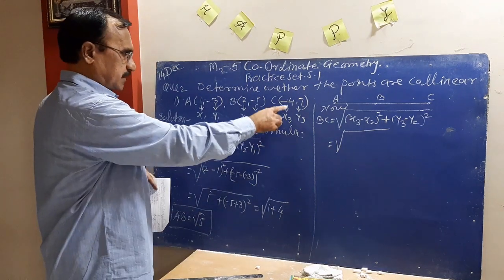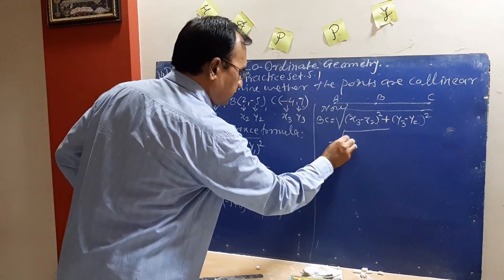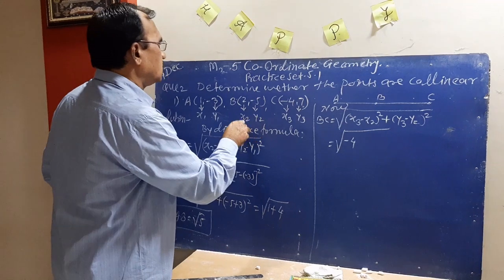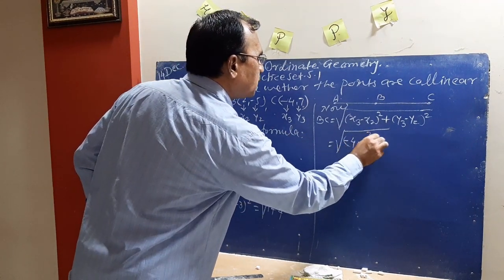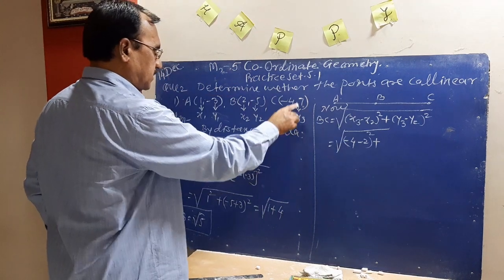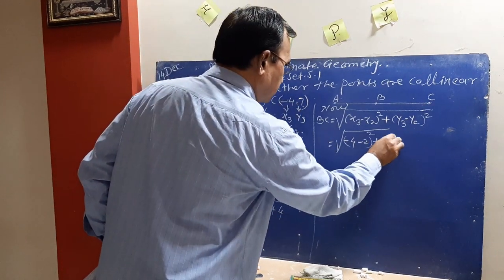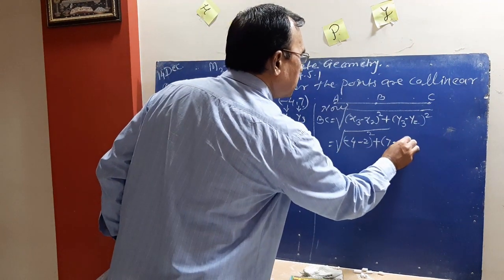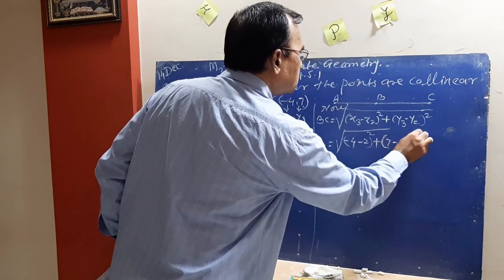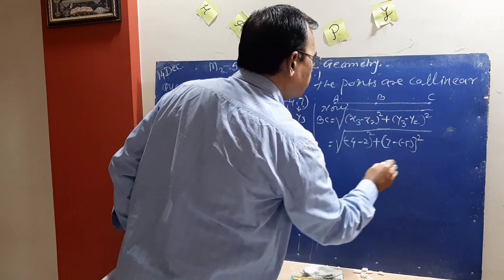Now here x3 is minus 4 minus 2 bracket square plus y3 is 7 minus y2 which is minus 5, in bracket minus 5, bracket square.